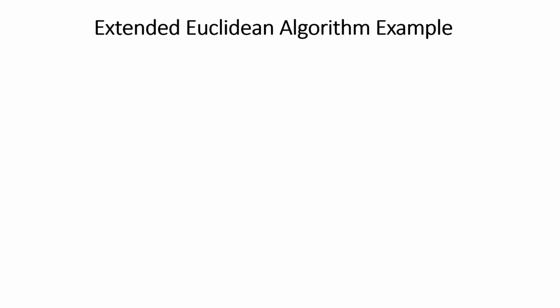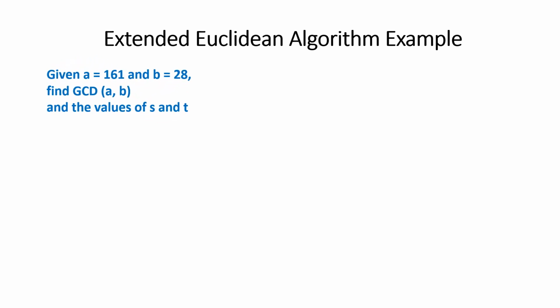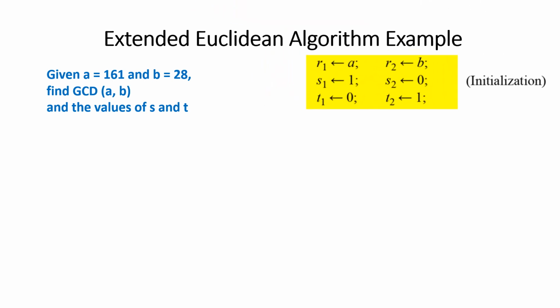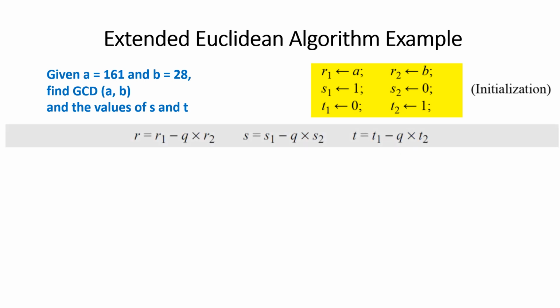Extended Euclidean algorithm example. Given a equals 161 and b equals 28, find GCD(a, b) and the values of s and t. Solution. r equals r1 minus q times r2, s equals s1 minus q times s2, t equals t1 minus q times t2.